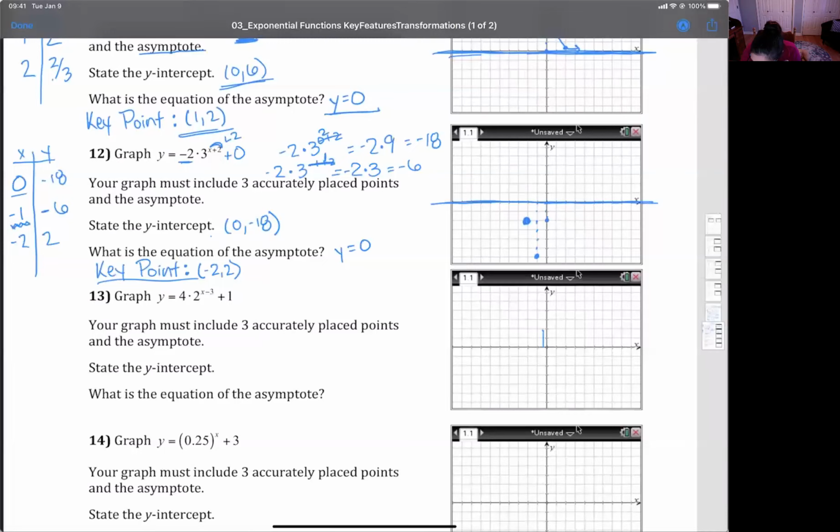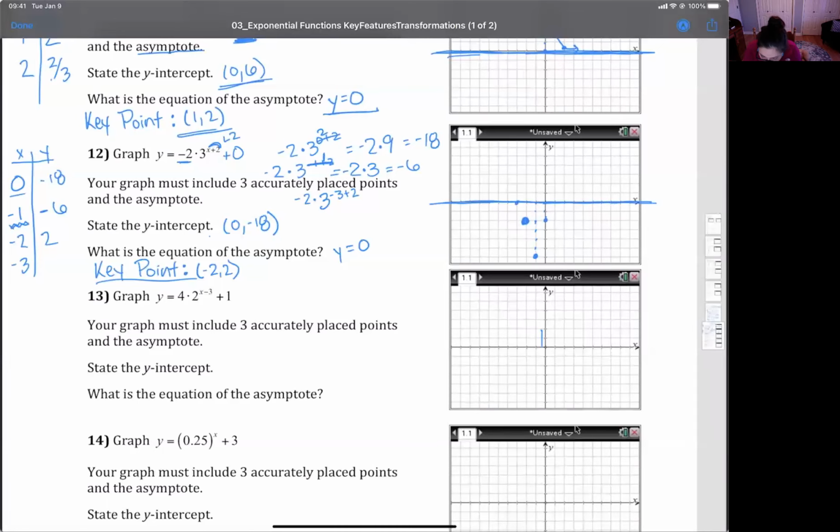So instead, to find my third point, I'm actually going to go back this way one. I'm going to plug in x is -3. So -2 times 3 to the -3 plus 2. So I plugged in -3 for x there. Simplifying my exponent, -3 plus 2 would be -1. Since this is to a negative exponent, that means it's going to flip.